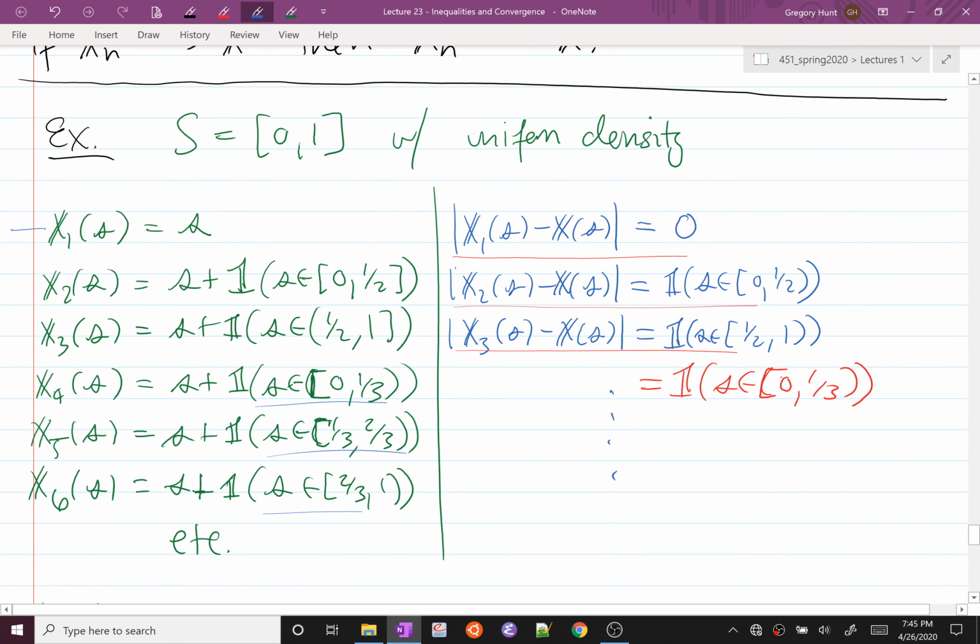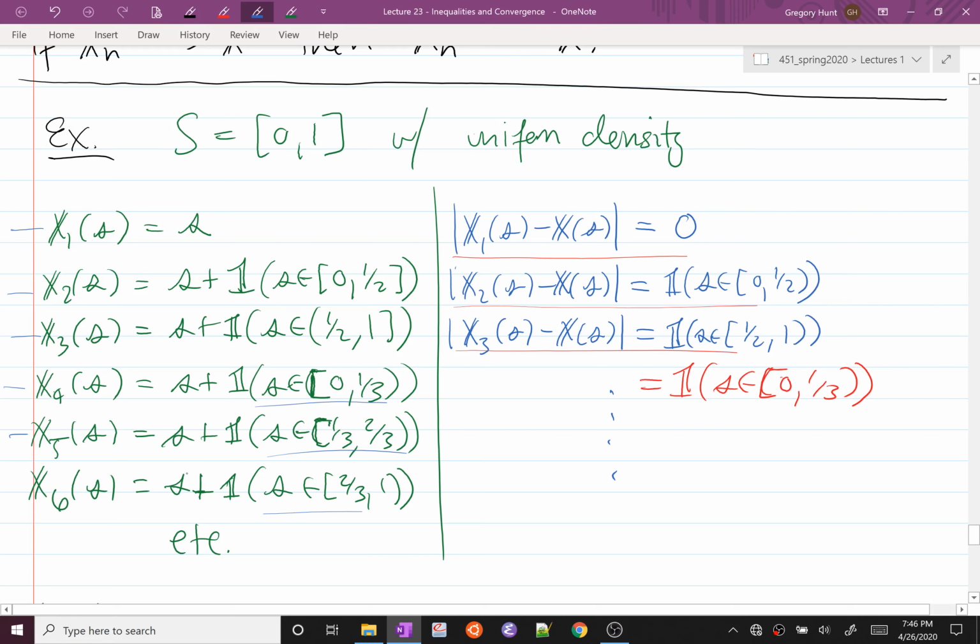X of 1 of 1/3 is 1/3. X of 2 of 1/3 is s plus 1. X of 3 is s, so 1/3. X of 4 is s, so it goes 1/3, 1/3 plus 1, 1/3, 1/3. But x of 5 is 1/3 plus 1, etc. So it's basically bouncing between its value and its value plus 1.